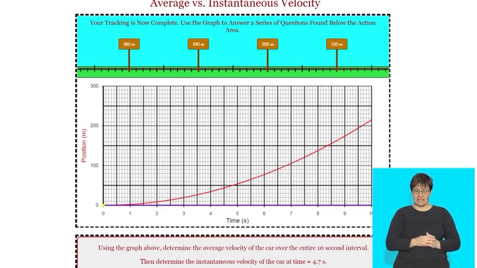Now, if we look at this graph, we can see as time goes along, he gets faster and faster and faster. So he covers bigger distances in the same time interval. So his velocity is constantly changing and his speed is constantly changing.